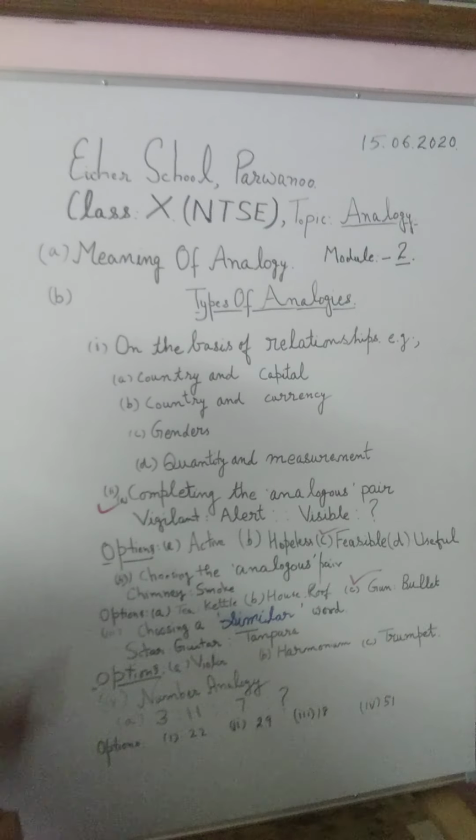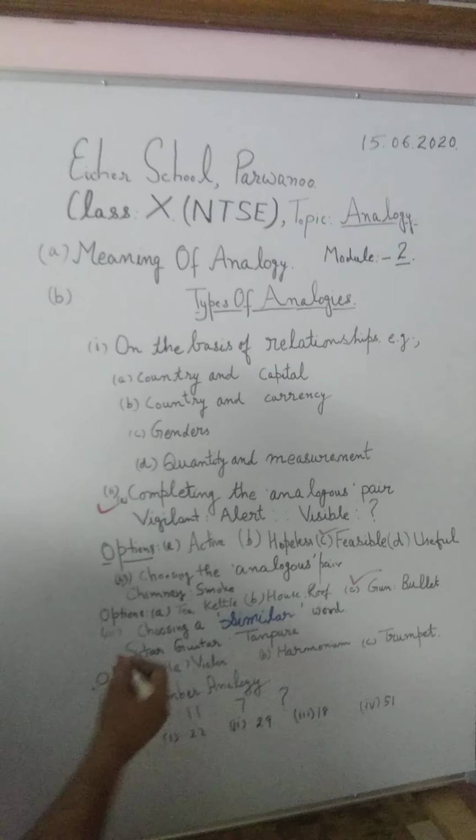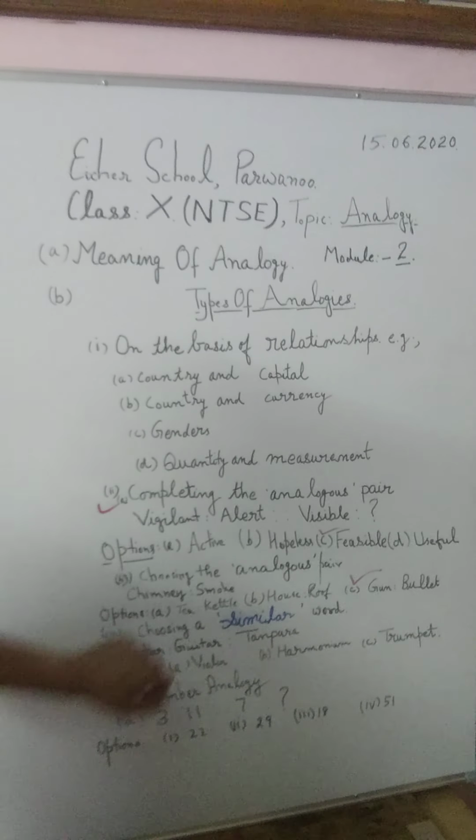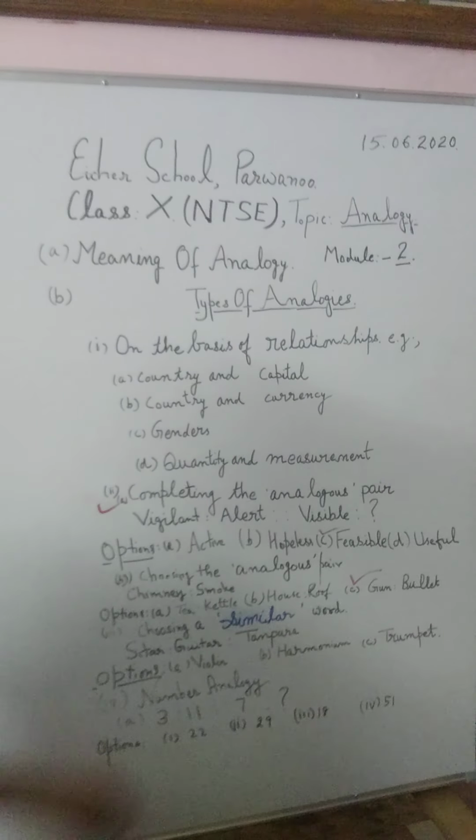Now we come to the third part of it, that is choosing a similar word, that is a word having the same meaning or something similar between two or three words. For example, sitar and guitar. Then tanpura. Sitar, guitar and tanpura. They have something in common.